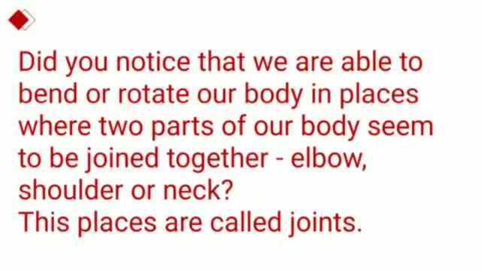So did you notice that we are able to bend or rotate our body in places where two parts of our body seem to be joined together, like elbow, shoulder or neck, and these places are called joints. When you tied a scale on your hand, what happened? You cannot bend it. But without the scale, you can easily bend from your elbow only.